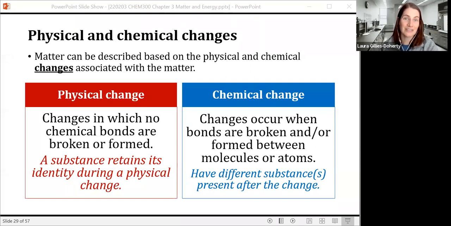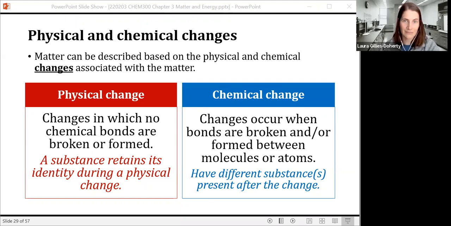Matter can be described based on the physical and chemical changes associated with that matter. A physical change is a change in which no chemical bonds are broken or formed. The substance retains its identity during a physical change. It might change states, from a liquid to a solid or from a gas to a liquid, but it's not changing its identity.